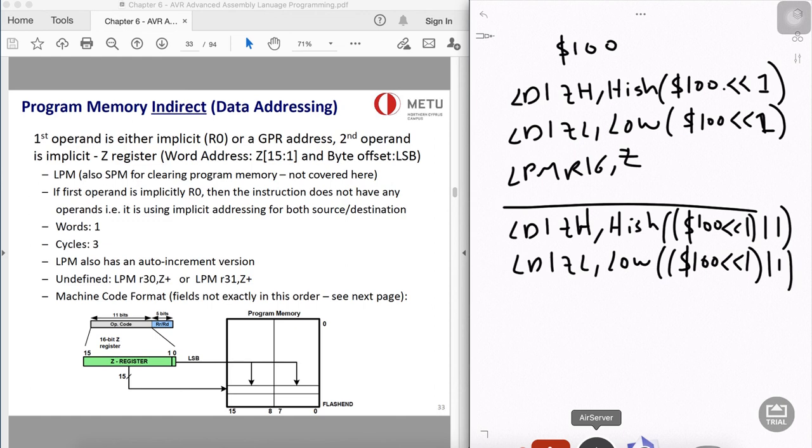So we set bit 0 to be 1. And then we say LPM R16, Z. And that's it. So this is how we can deal with the program memory, how we can store the data from the program memory or load the data to program memory. I hope it's clear. Once again, if you have any problem, do not hesitate to ask.